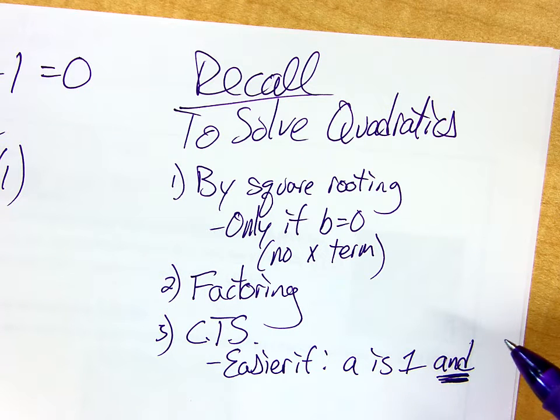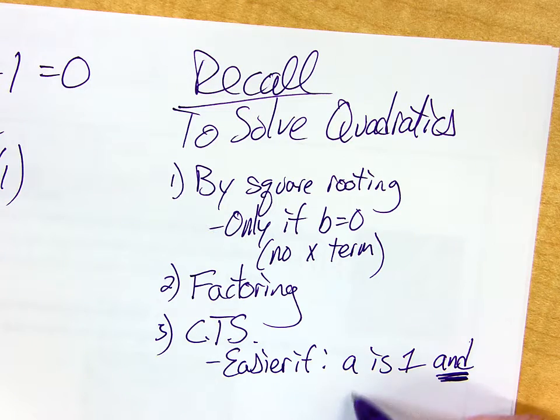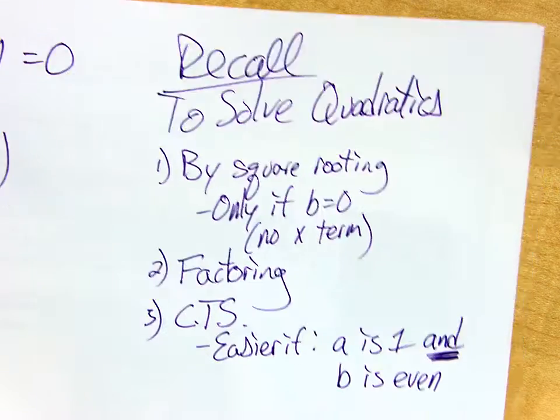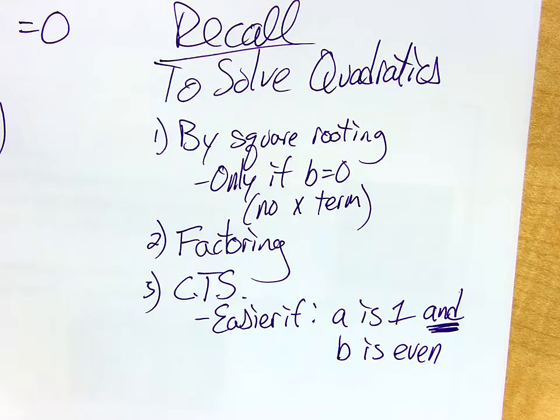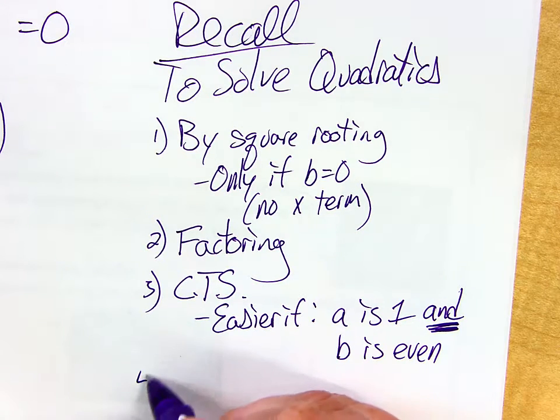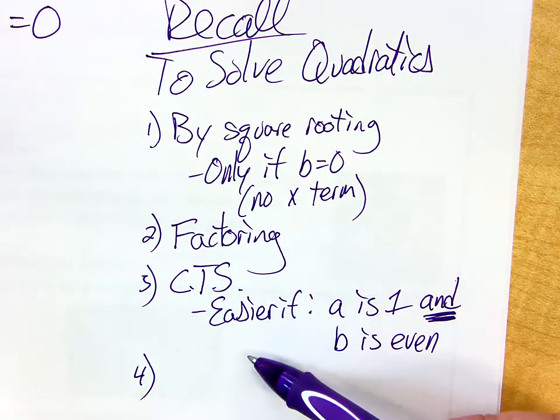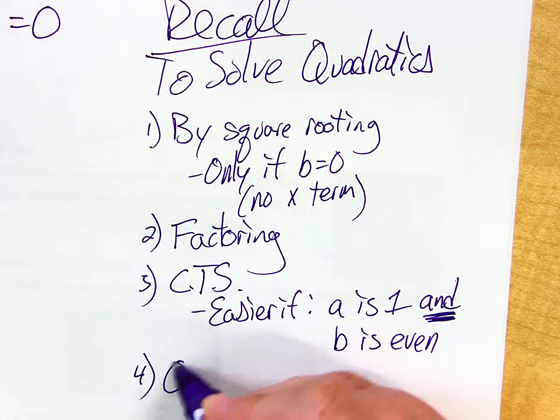The B's were all even. Yes, and B is even. You can always do completing the square, as we learned, but what a pain in the neck. So, if I don't have a quadratic where A is 1 and B is even, and none of these other things work, my last resort is the quadratic formula.